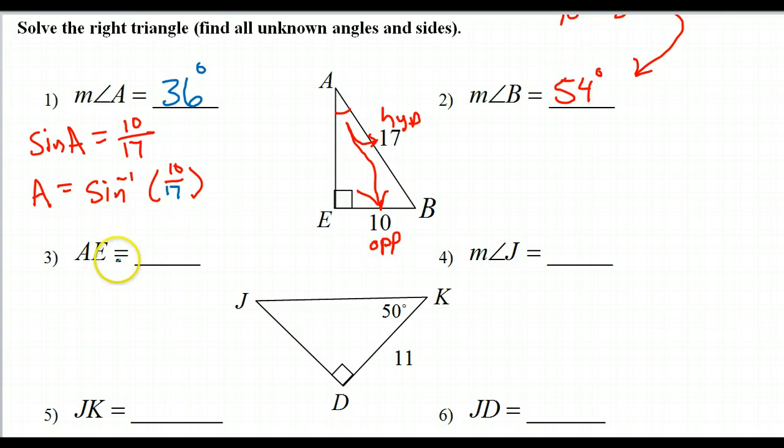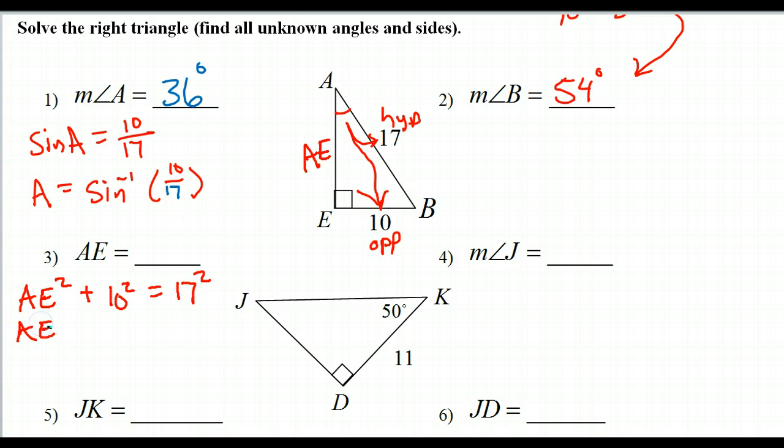Now, if I want to find AE, so here's AE, I should use the Pythagorean Theorem, please. Do not use the 36 or the 54, because if you get those wrong, you're going to wind up getting another problem wrong. Better to start from scratch and do a squared plus b squared equals c squared. So AE squared plus 10 squared is equal to 17 squared.